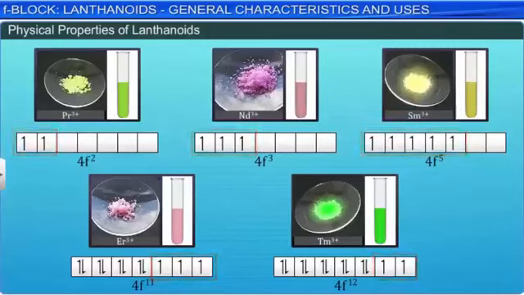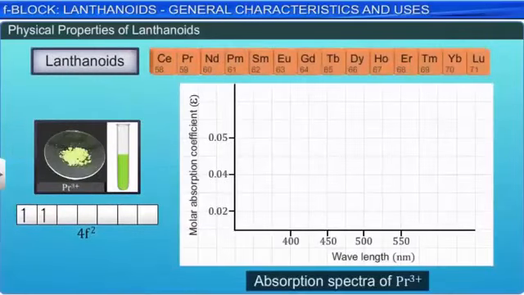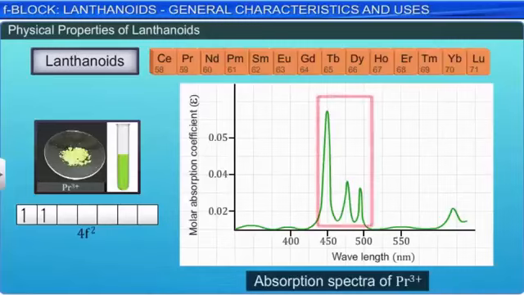The absorption spectra of the compounds of trivalent lanthanoid ions show very sharp line bands in the UV-visible or near-infrared region. These bands are due to internal electron transitions in the partly filled 4f shell and are called f to f transitions.